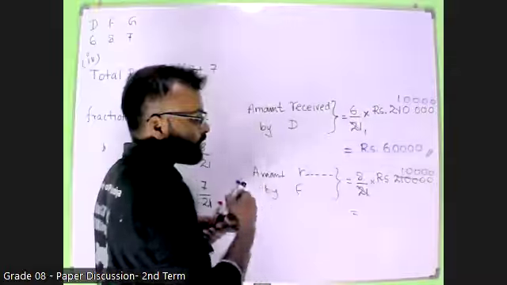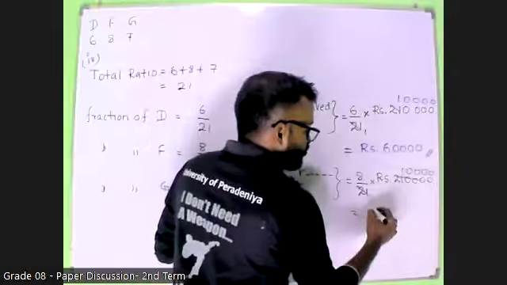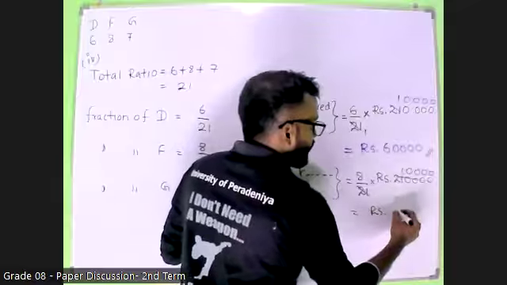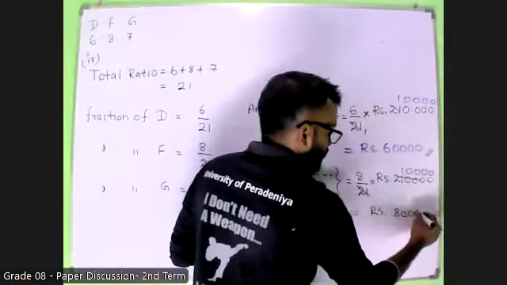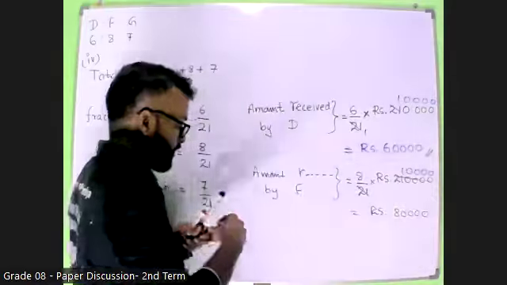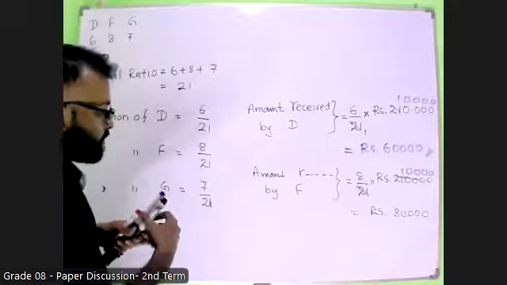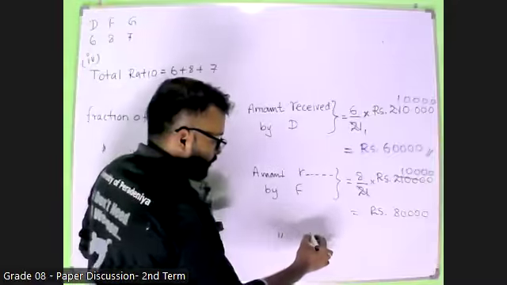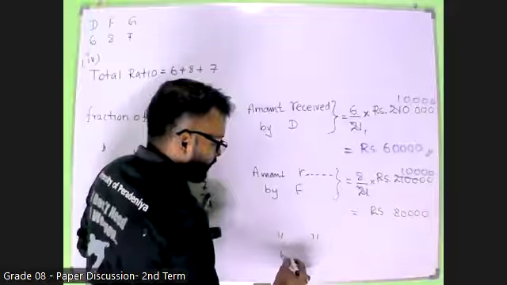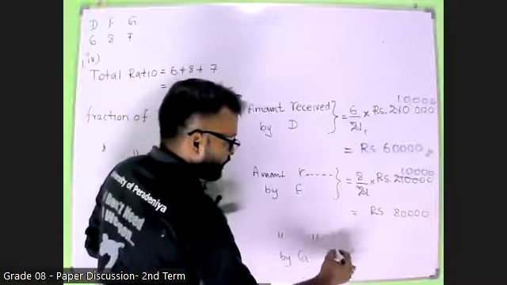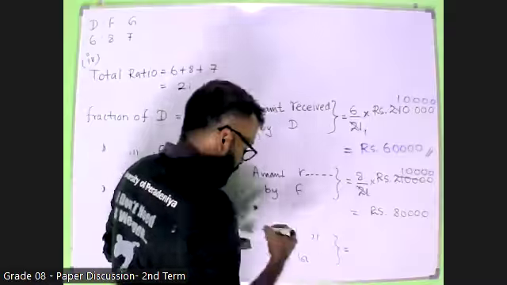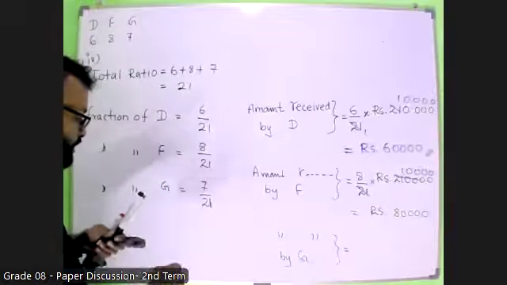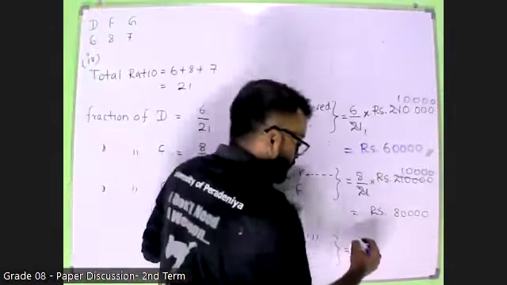So Fatima will receive 80,000. Then same as that, amount received by Ganesha, you have to multiply. What is the fraction of Ganesha? 7 upon 21.